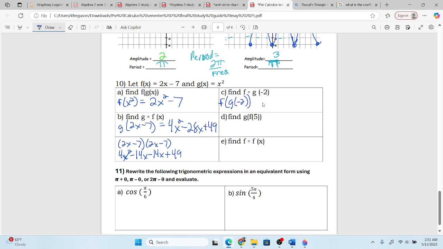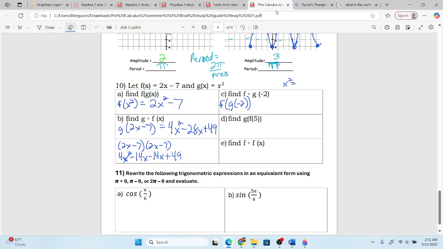So negative 2 to the second power. That's just positive 4 because the negative and the negative cancel each other out. It's going to be f of 4. And f is that, so that's going to be 2 times 4 minus 7. That's going to be 8 minus 7. That is 1.